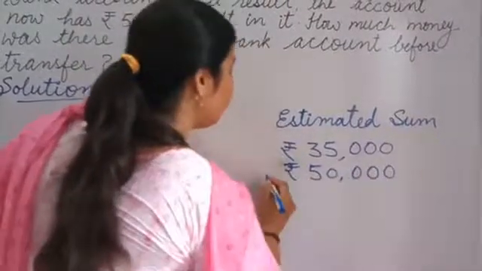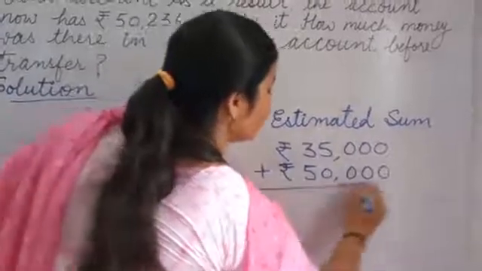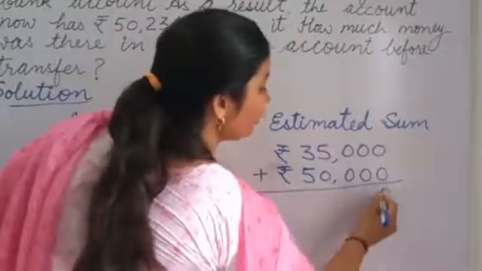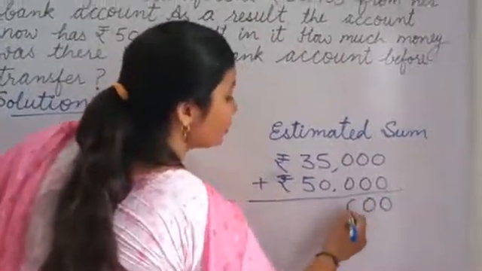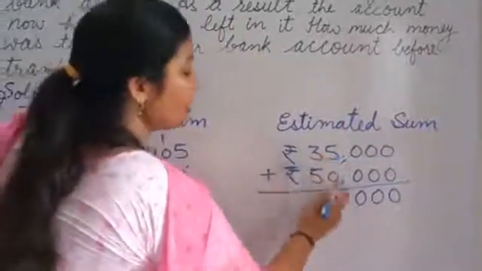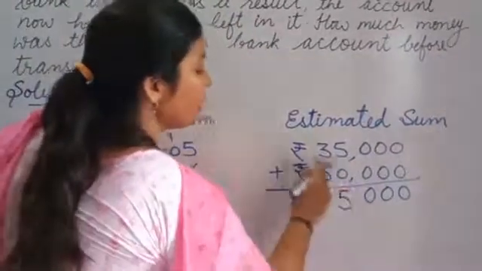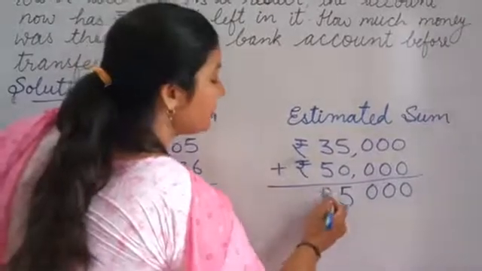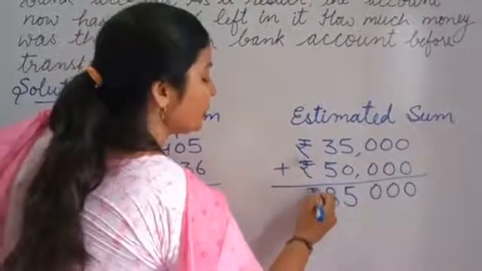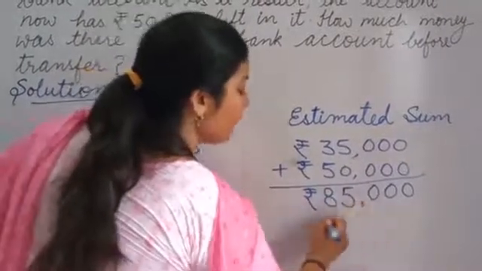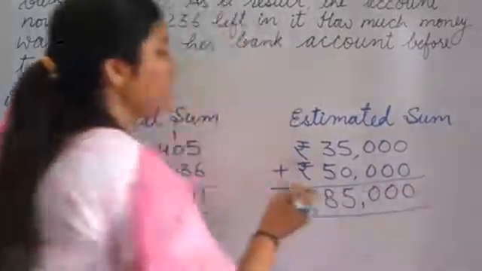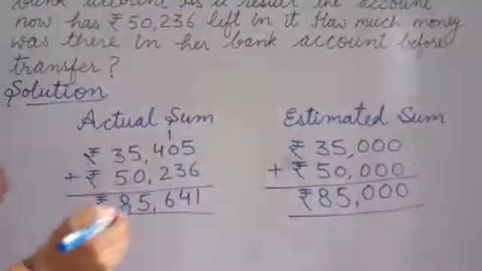Now we add them. 0 plus 0, 0. 0 plus 0, 0. 0 plus 0, 0. 5 plus 0, 5. 3 plus 5, 8, and there is the rupees symbol. So rupees 85,000. That's her estimated sum.